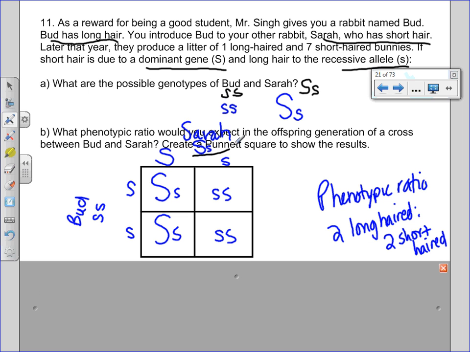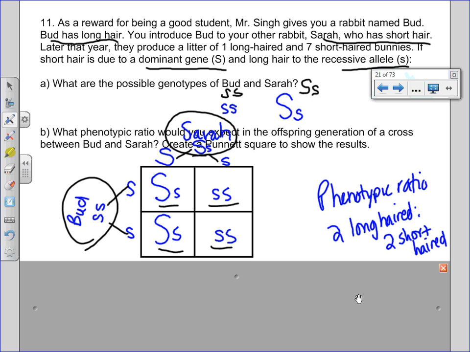Okay, so there's Sarah's and there's Bud's, and we look at what's in each possible gamete, which allele, and then you fill in your Punnett square. So we have a big S and a little s, because Bud can only give little s's, right? A little s and a little s, a big S and little s, and a little s and little s.